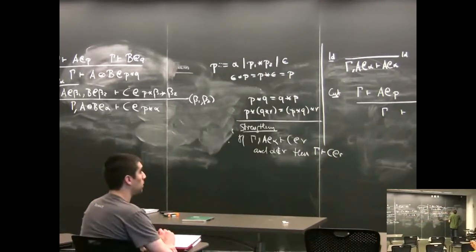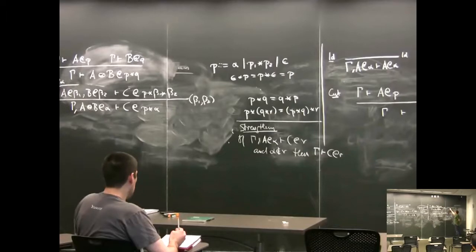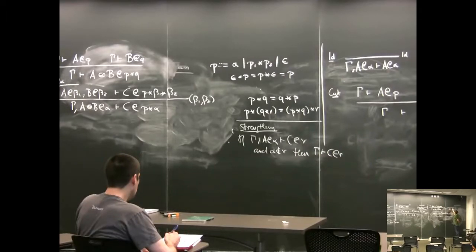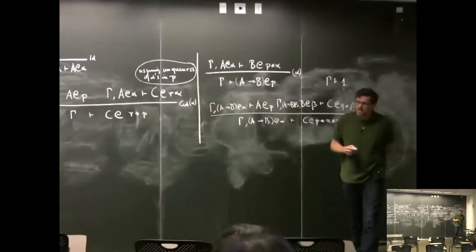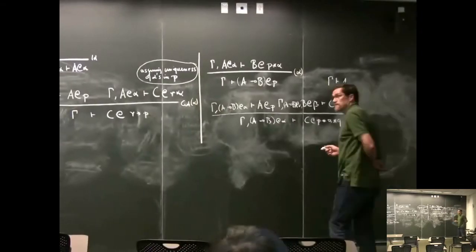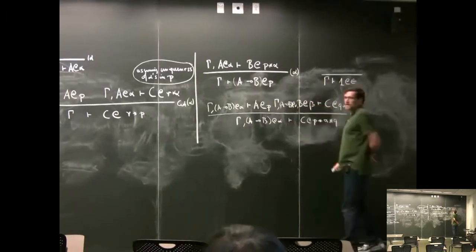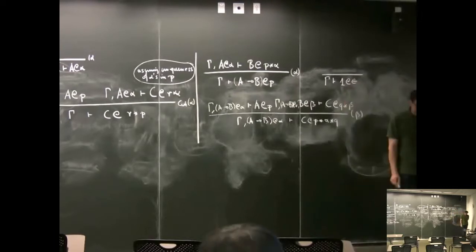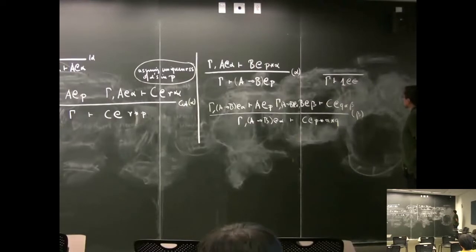Okay, so let's do the 1 as the last multiplicative. What's the right rule for 1? Yeah, add epsilon. Proving 1 uses exactly no resources. And the left rule.